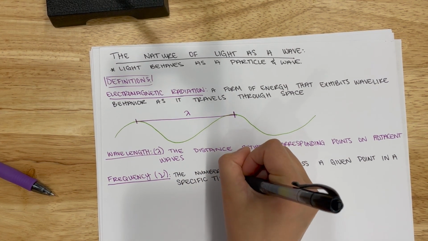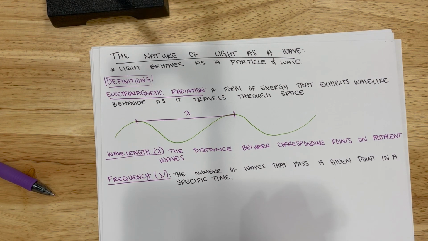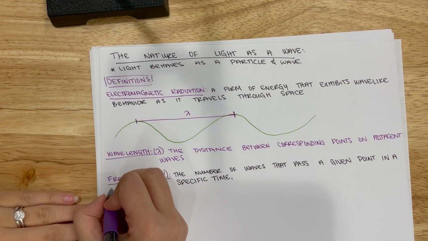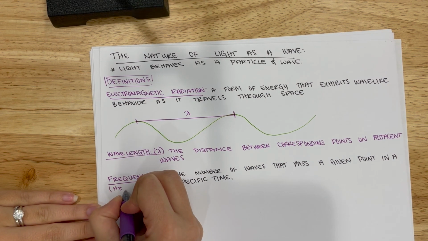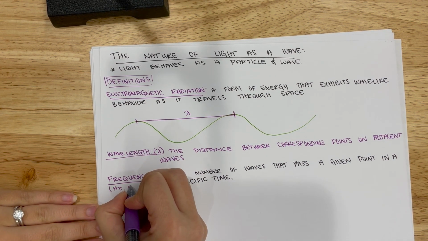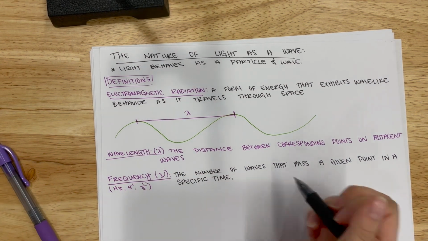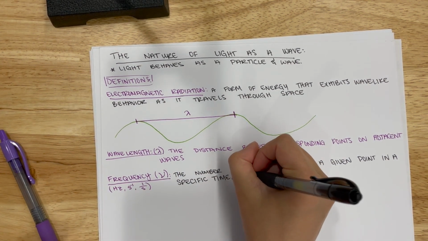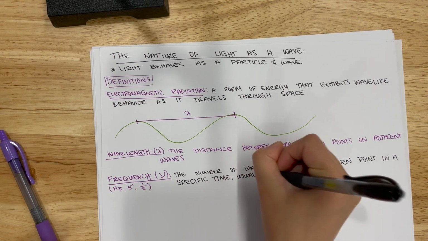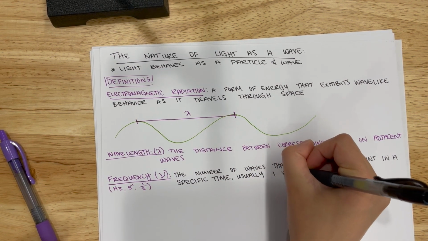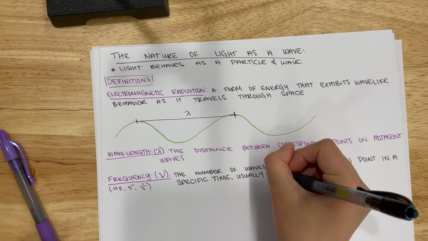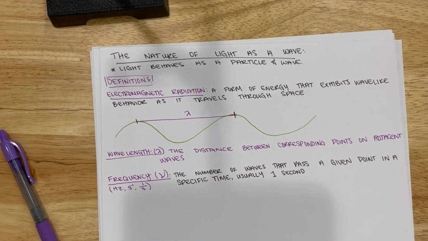Hopefully from last year, you remember that our unit of frequency is hertz, which is the same as inverse seconds, or 1/seconds. Normally our specific time is 1 second, so how many waves pass that point in 1 second?